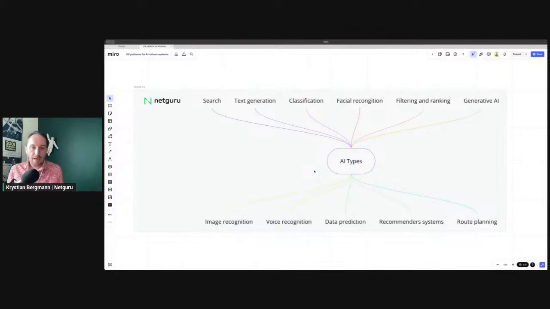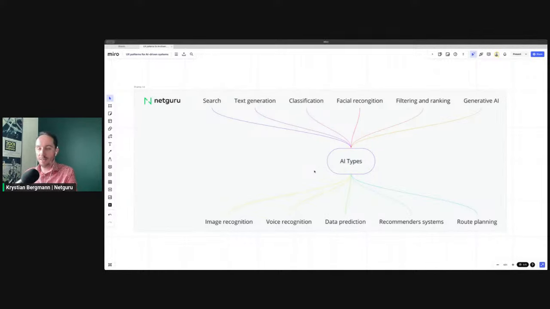And what are the AI types that are usually combined into those product categories? So usually these are searches, text generation, classification problems, facial recognition, filtering and ranking, of course, Gen AI, right? Route planning, navigation system, recommender systems, data predictions, voice recognition, or image recognition.